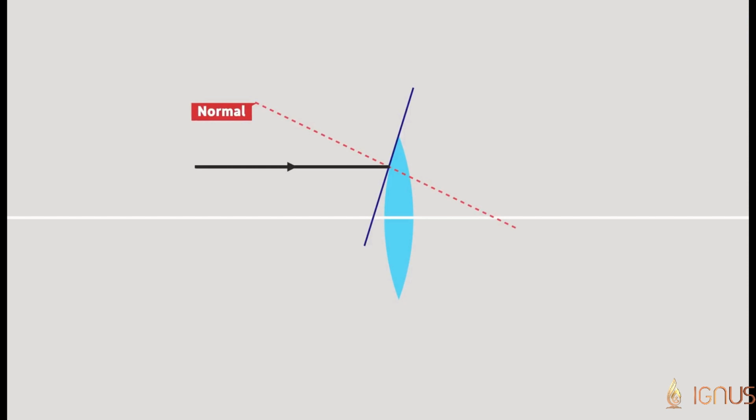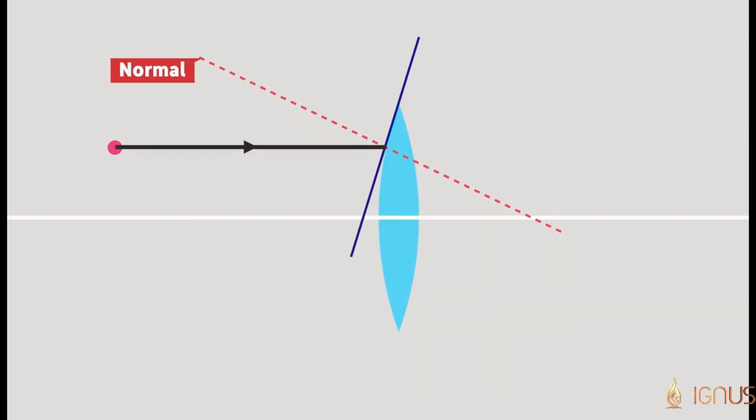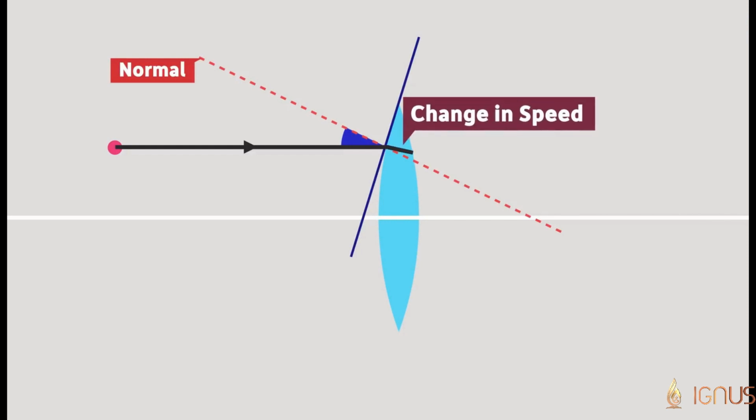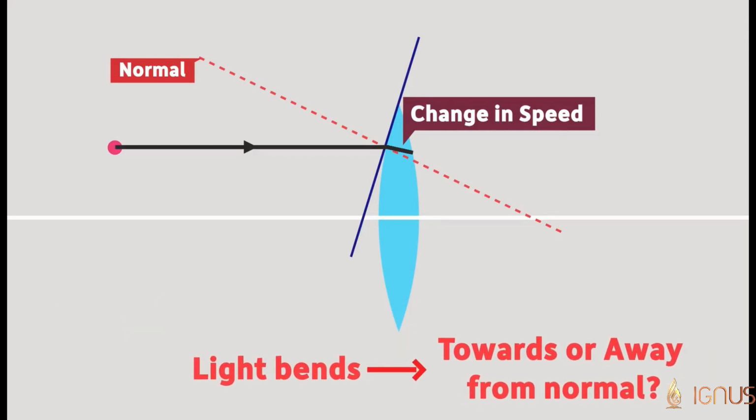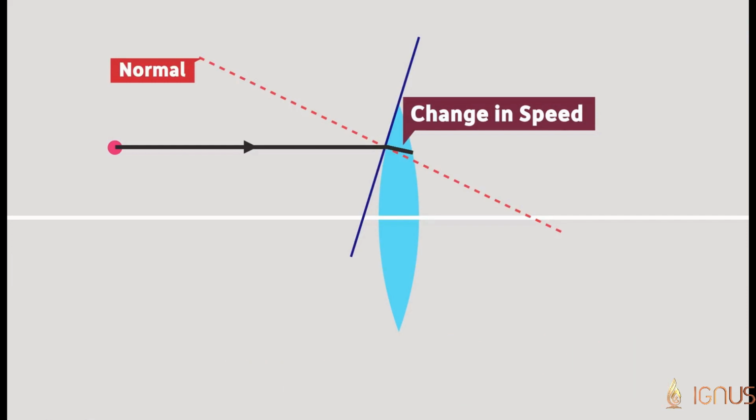We know that when a ray of light propagates through a different medium, it bends. This is due to the change of speed of light between the two mediums. The degree of the bending depends upon the incident medium. Suppose the light enters from air, and since the lens is made of glass, the speed of the light decreases and the light bends towards the normal.